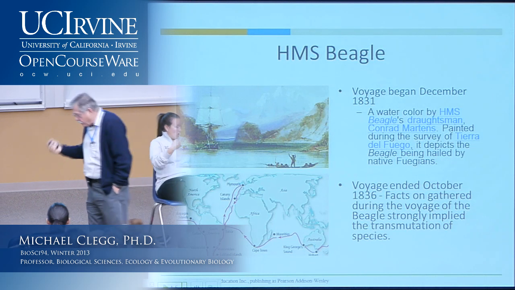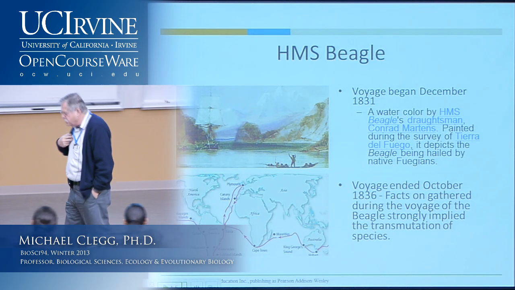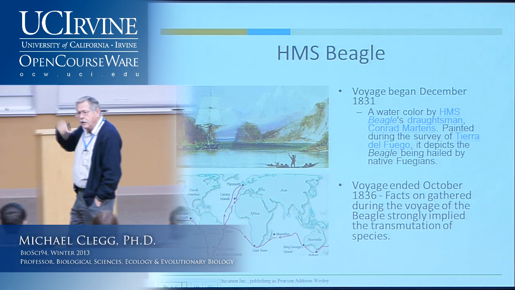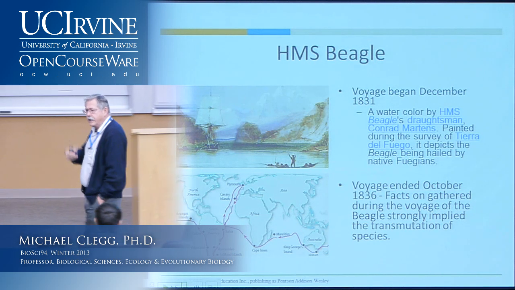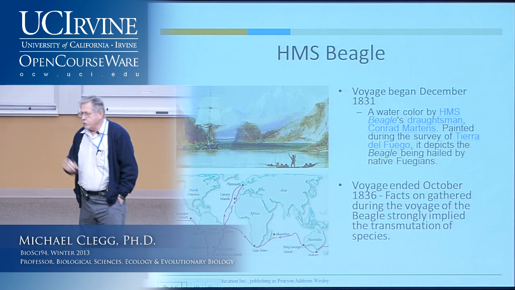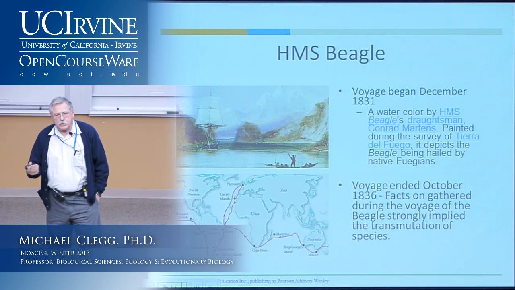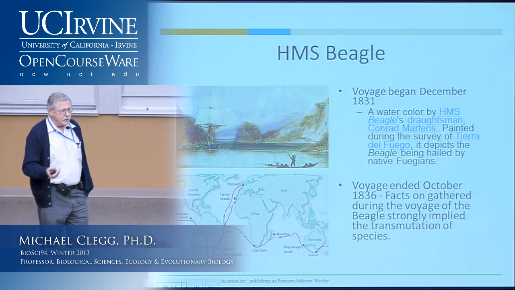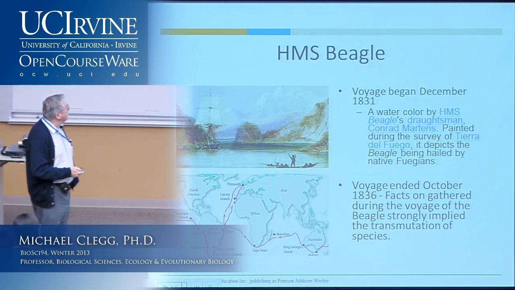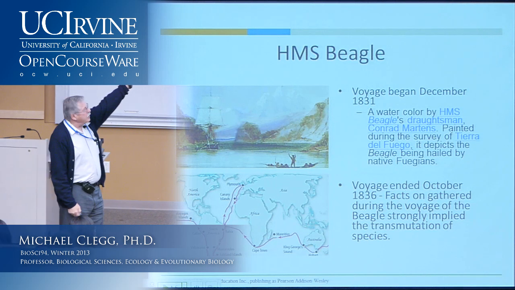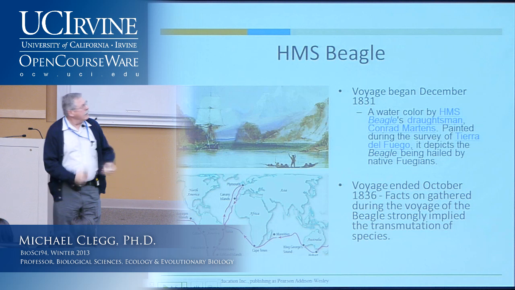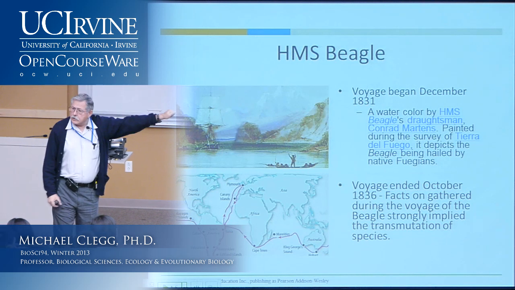And after he graduated, because of his diligence and interest in the subject, he was recommended to be the naturalist on a sort of voyage of discovery that was being underwritten by the British government on a ship called the HMS Beagle. It was actually a part of the British Navy. And that voyage began in December of 1831. And they circumnavigated the globe.